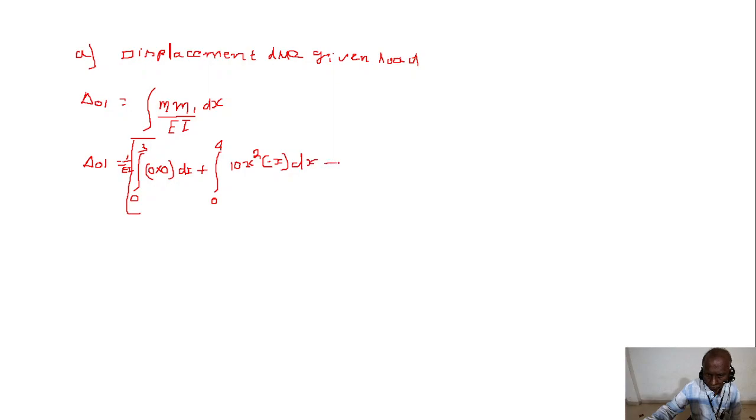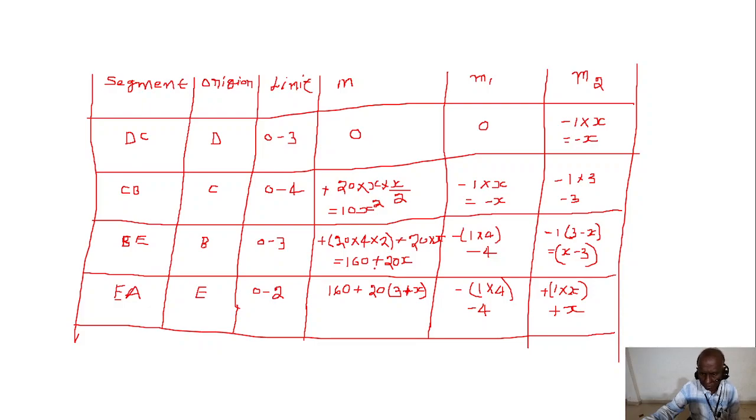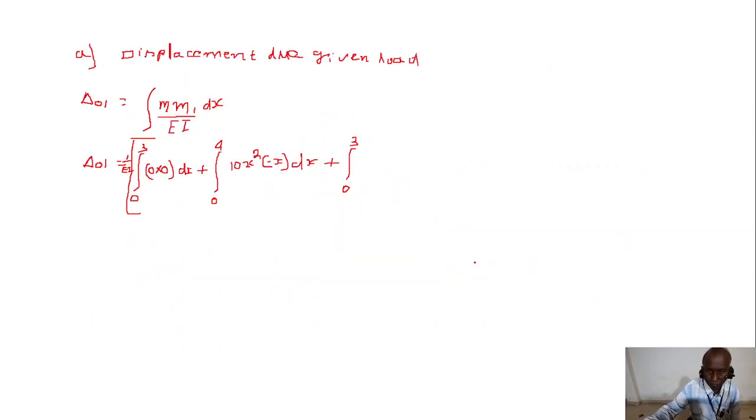Next segment 0 to 3. See M and M1: 160 plus 20X into minus 4 dx. Next segment, integration of 0 to 2.